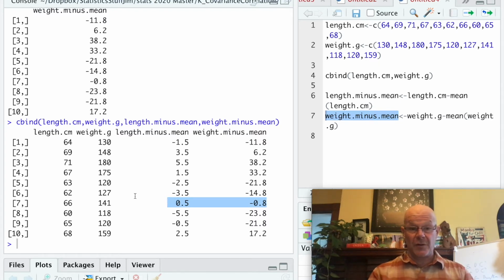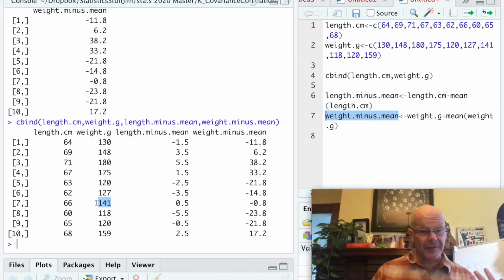That individual, 66 here, is 0.5 greater than the mean, but was below the mean when it came to weight. So 141 is clearly 0.8 less than whatever the mean would be, which I'm guessing should be 141.9.